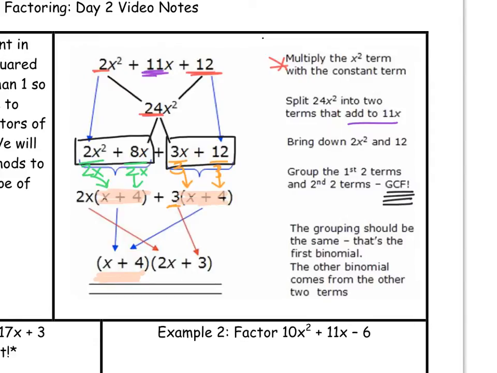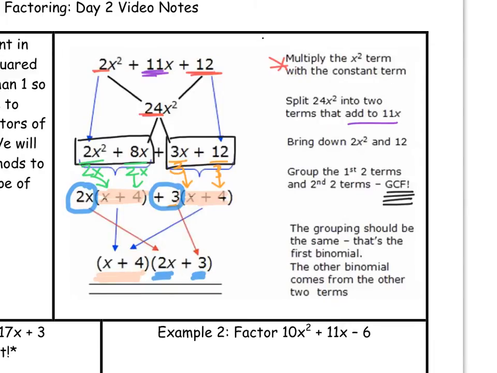The other factor comes from the GCFs. The GCF of the first term was 2x, that's right here. The GCF of the second term was 3, and that's right here. So my factored form of 2x squared plus 11x plus 12 is x plus 4 times 2x plus 3.